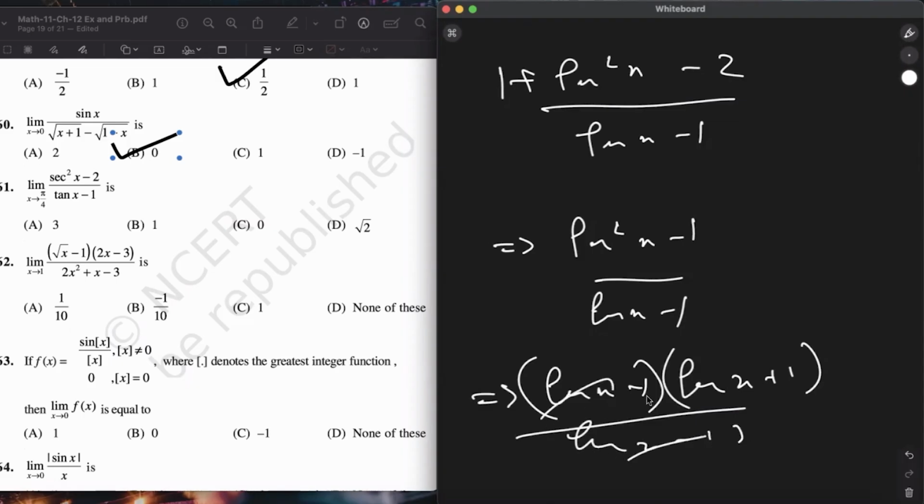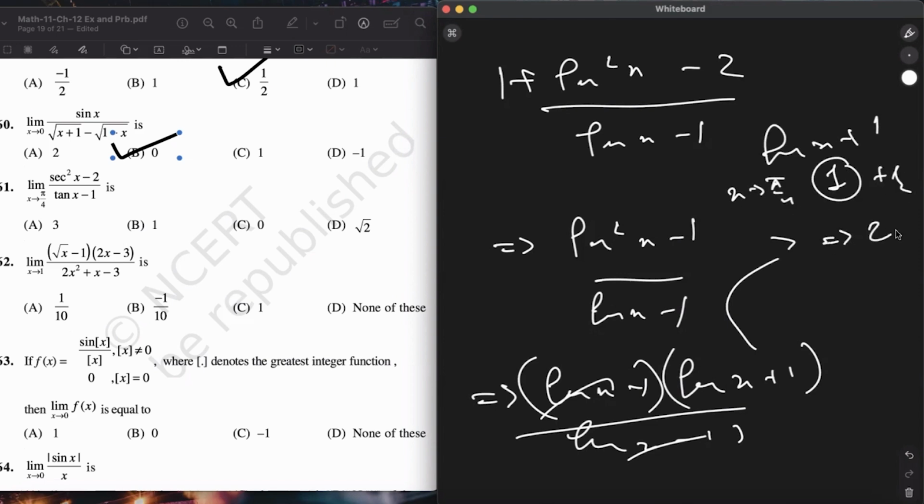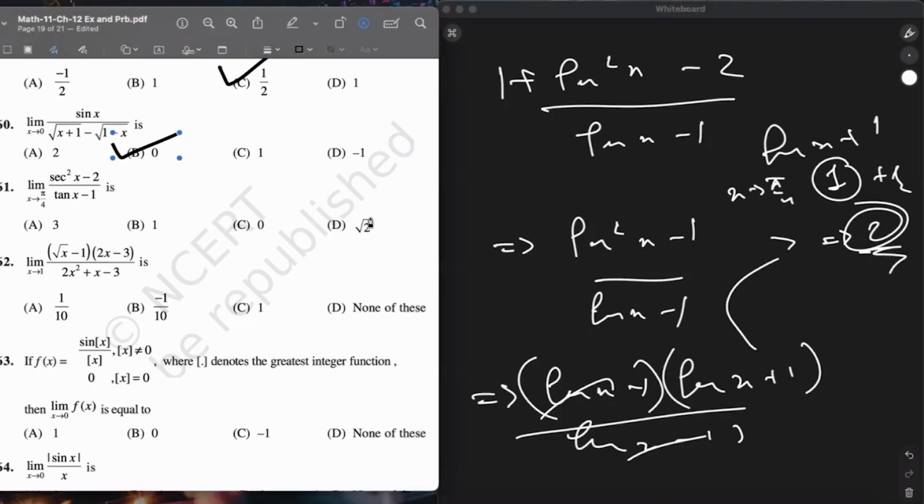So tan x plus 1 is what is left here, and limit x tends to pi by 4. Tan at pi by 4 equal to 1, plus 1 returns a value of 2 definitely. Tan square x plus 1 equals sec square x. So this must be 2. This must be a misprint. This must be a 2 and that is your correct answer.